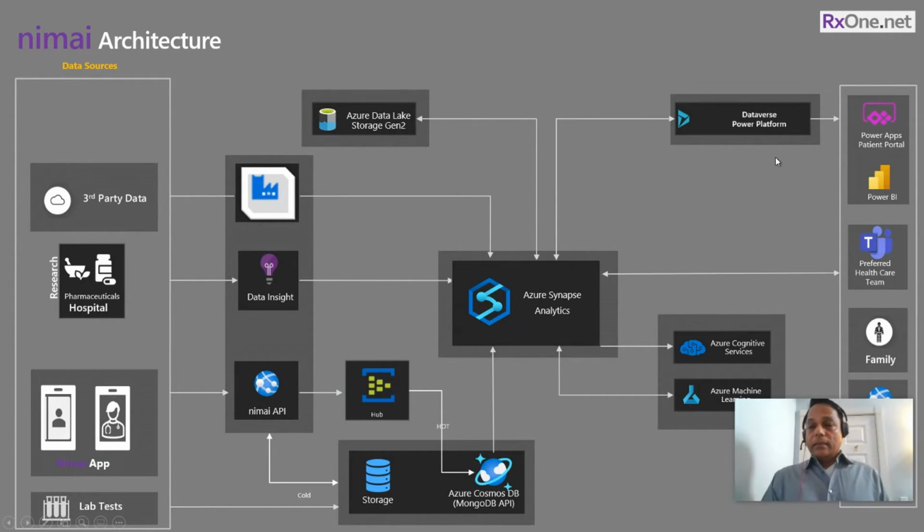And then we present that to Power Apps for immediate presentation and Power BI. And our professional network can use Office Teams to use that, and also family. This is a big deal, because in our healthcare, nobody cares about family, but in the Indian context, families play a big role. So they can also access our analytics and the well-being of the patient.